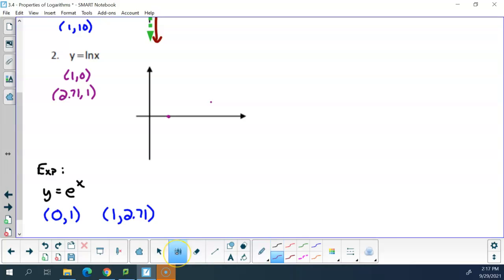I would still have a vertical asymptote at x equals 0. At e squared, 2.71 squared, so that would be something like 8.9.